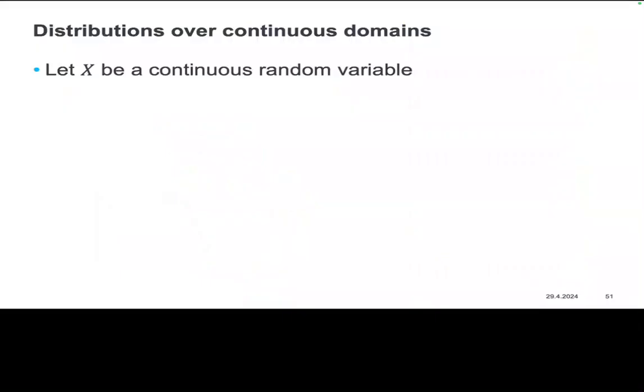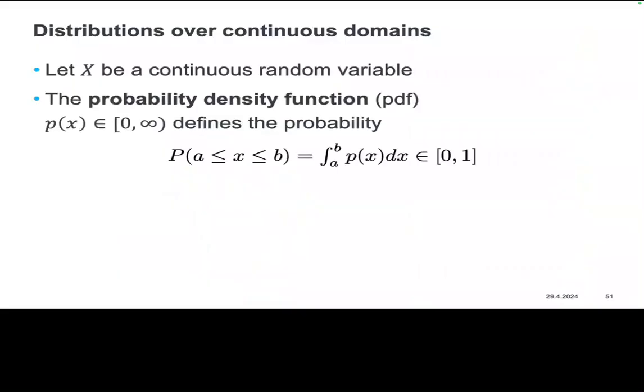So for this, we need to describe continuous domains. And for this, we can use continuous random variables. And if X is such a continuous random variable, then we use a probability density function to describe this variable. The probability density function represents probabilities not for individual values, but for intervals.